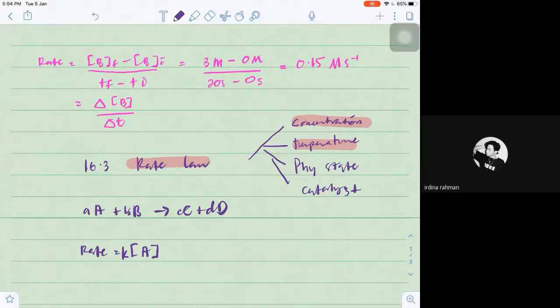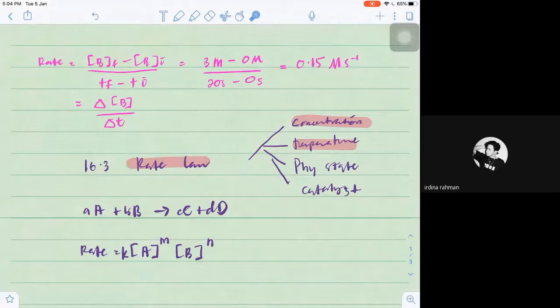Rate is equal to K, concentration of A, power of M, concentration of B, power of N. So in the rate law, it just involves the reactants. No products come out in the rate law.